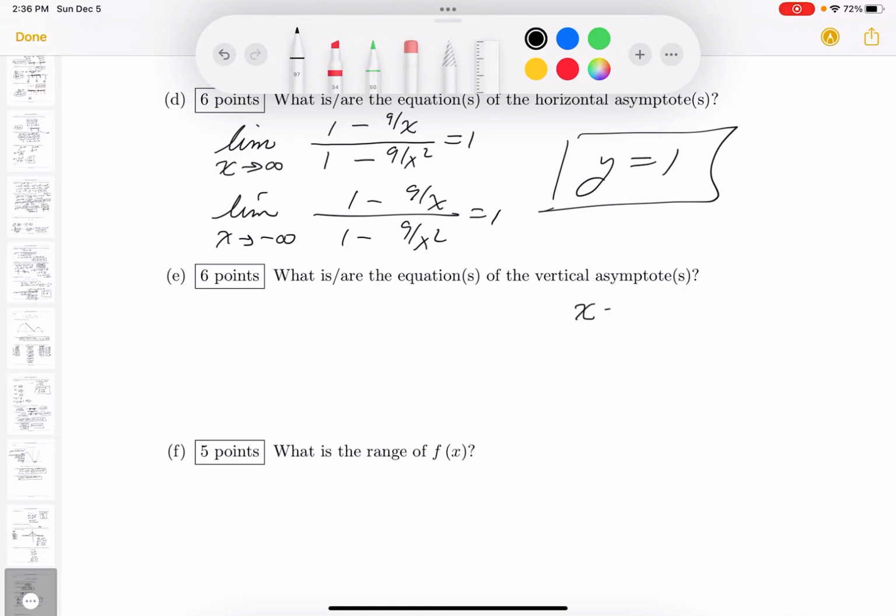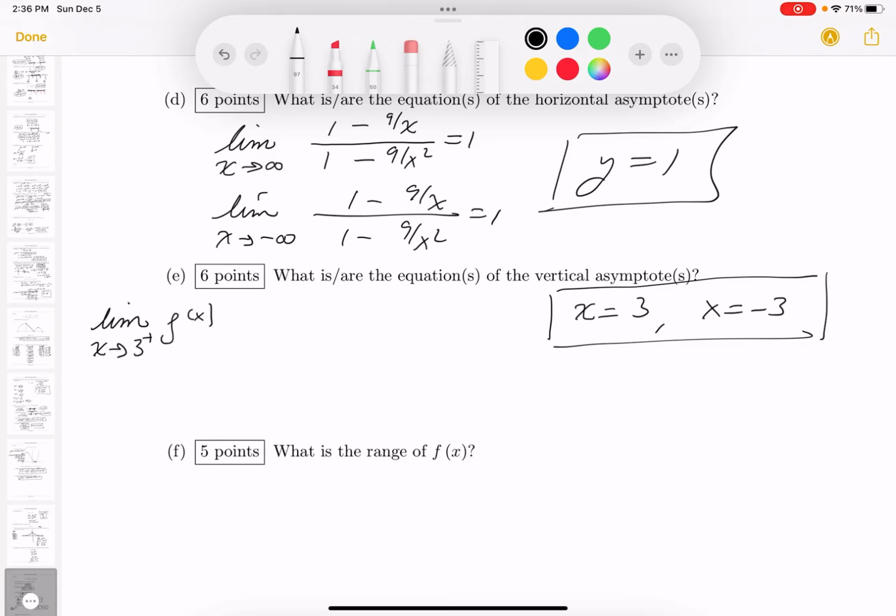All right, vertical asymptotes, a little more difficult, I realize that, but the candidates are going to be x equals 3 and minus 3. Now granted, we're pretty accepting of this, but let's write down what the work should look like. The limit as x goes to 3 from the right of f of x, the limit as x goes to 3 from the left of f of x.